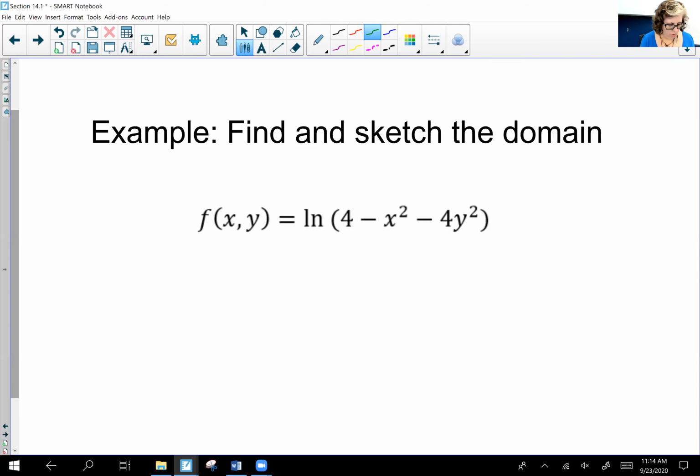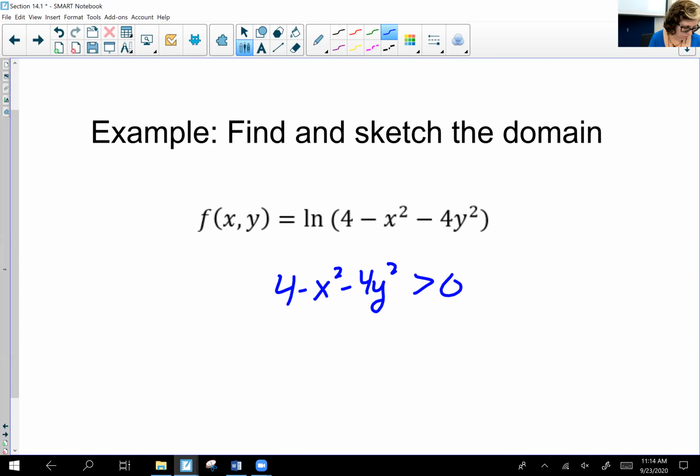All right, so let's go ahead and talk about domain. Now, natural log, that raises the signal in our brain, right? The warning signal that there's going to be a problem, correct? All right, so what do we know about natural log that's going to give us a problem? Well, 4 minus x squared minus 4y squared has to be greater than 0.